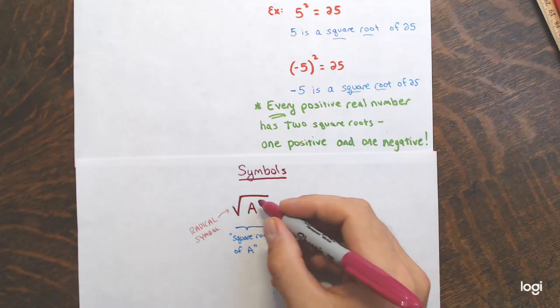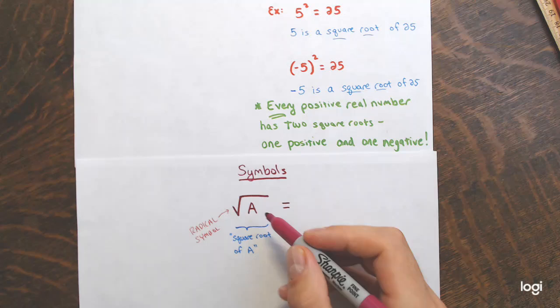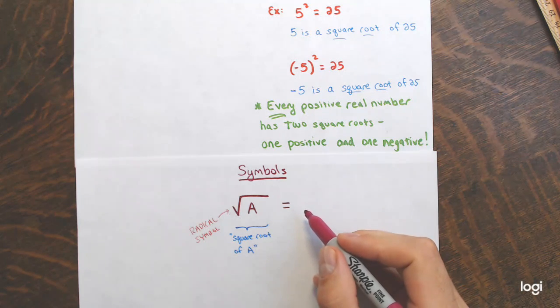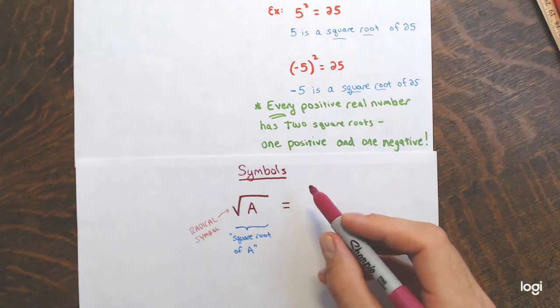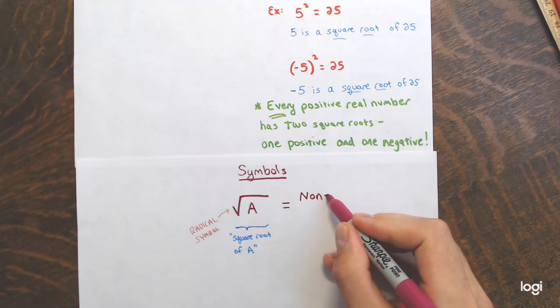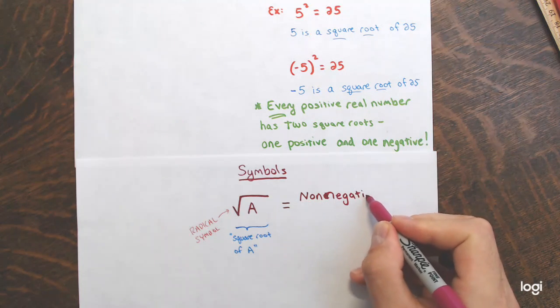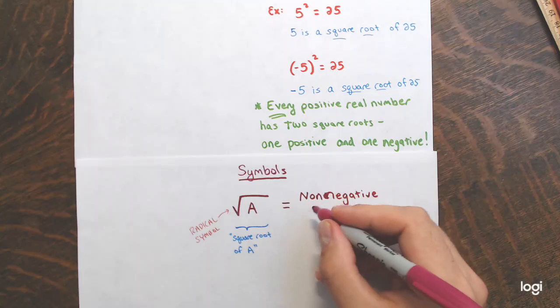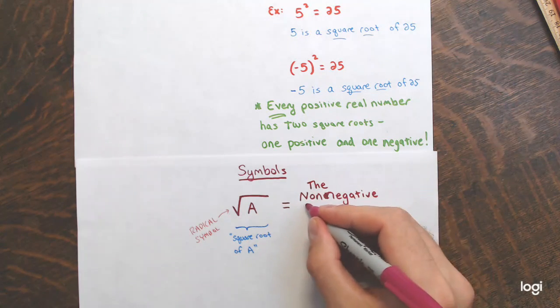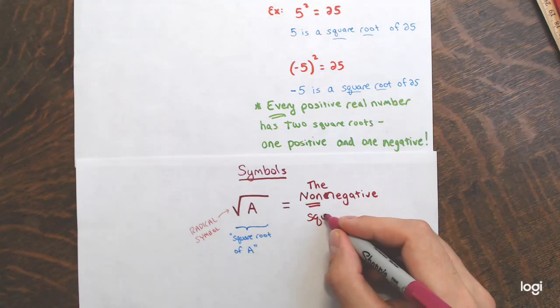So when you see this symbol, the square root of a, what's being asked for is the positive one, or the non-negative one. They want the non-negative square root of a.